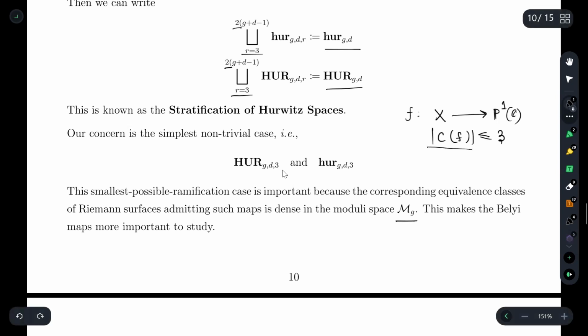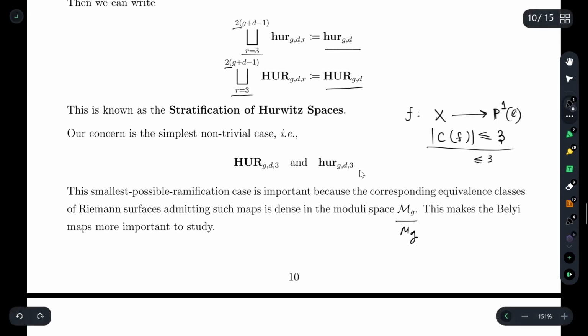So this particular subset actually is dense inside this M_g. So topologically, it is enough to consider this subset, only such maps where the number of critical values is less than or equal to 3, because it is dense inside this moduli space. And this is another topological significance of studying the Belyi maps.